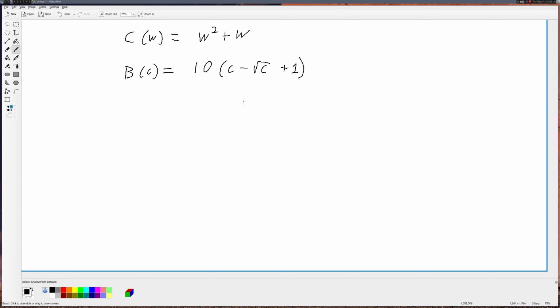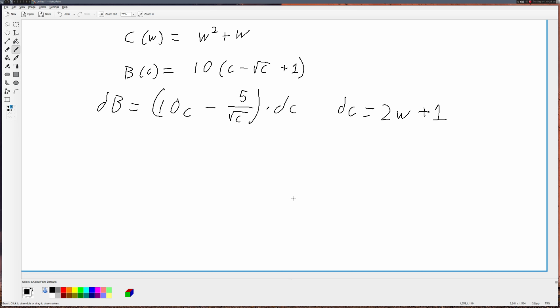Alright. So of course first we have to find the change in B. So dB, we drop out the constant and we get 10C minus 5 over the square root of C, and we multiply all of this times the change in C. And now we have to find dC, which is just 2W plus 1, so that's the number of workers. Now we just replace all of this.